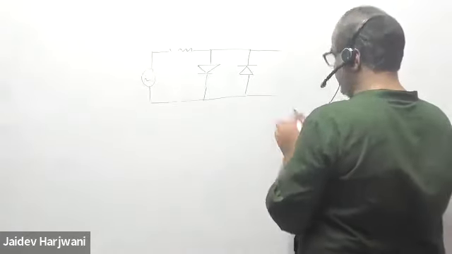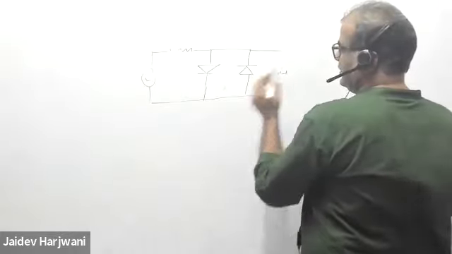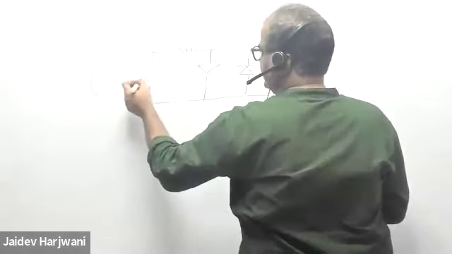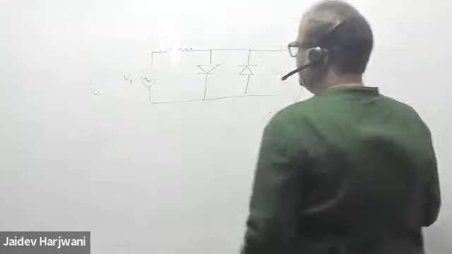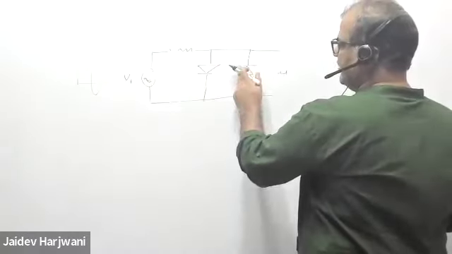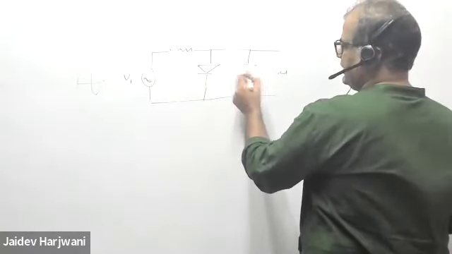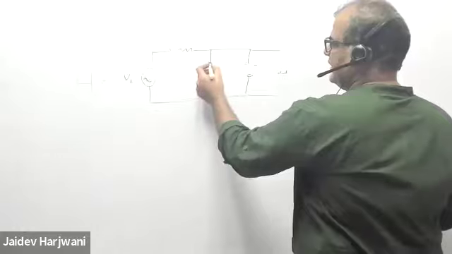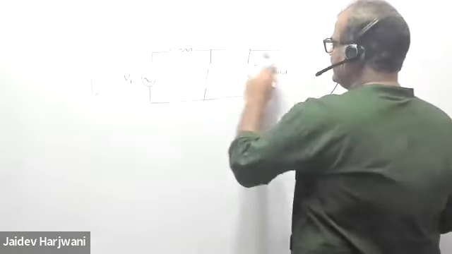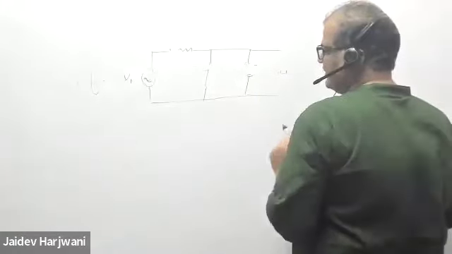So you want V output. So this is a sine wave, V input. For the positive cycle, this will be off, and this will be conducting, and I can replace it by a battery of 0.7. So in the positive cycle, you'll get the output equal to 0.7.